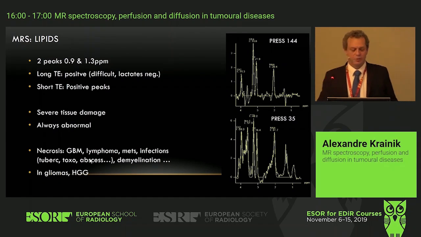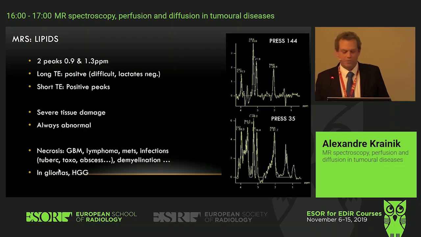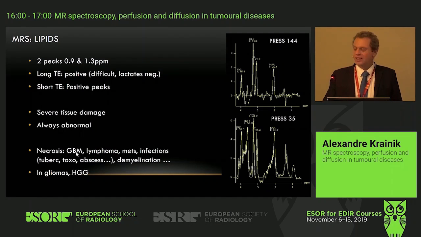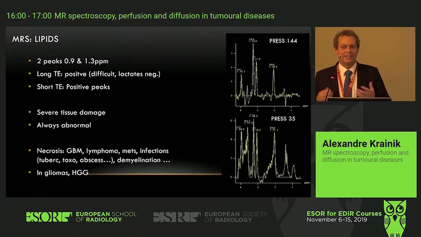But again, it's not specific. We've seen there were some lipids in tuberculosis or in toxoplasmosis. In tumor, you see a lot of lipids in lymphoma, for instance, in certain metastases, and even in glioblastoma. Okay, and when you have a glioma, having lipids is a sign of malignancy.